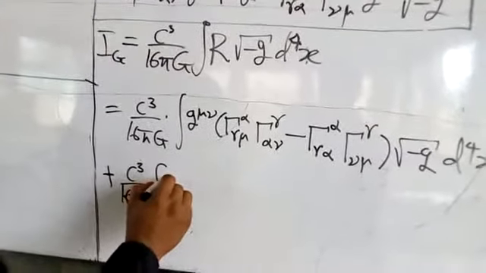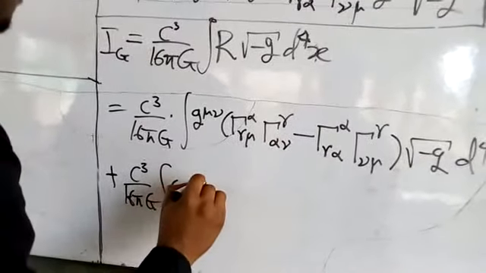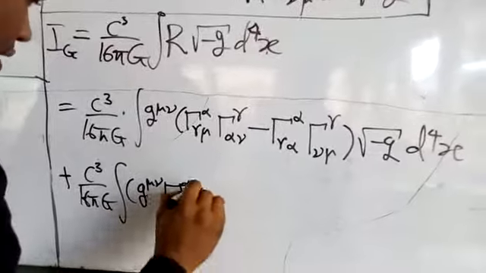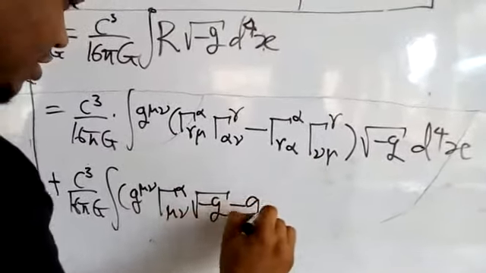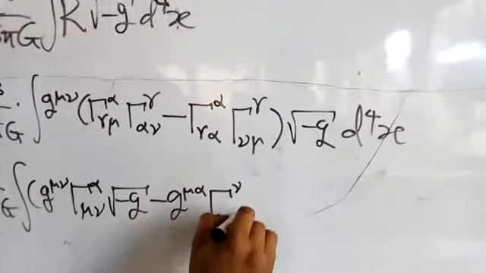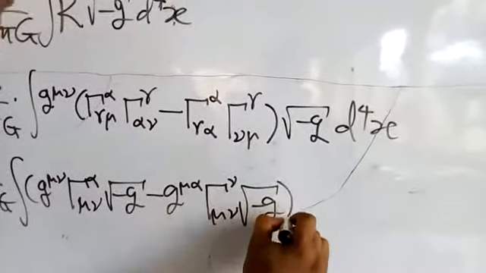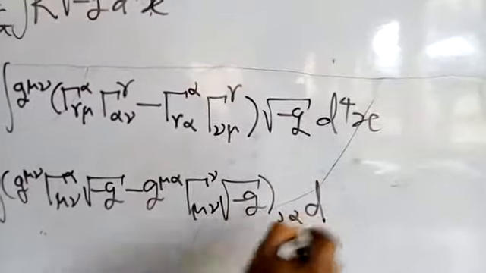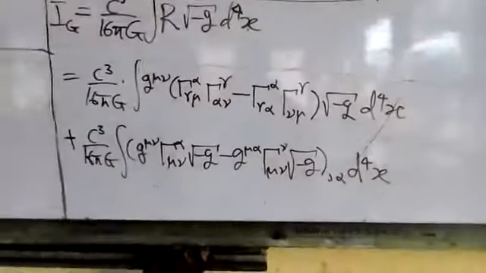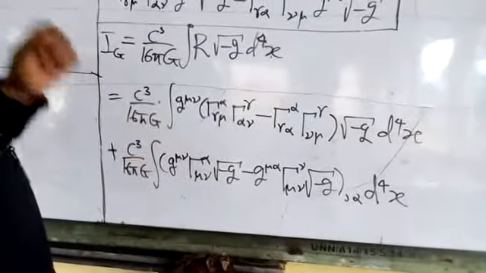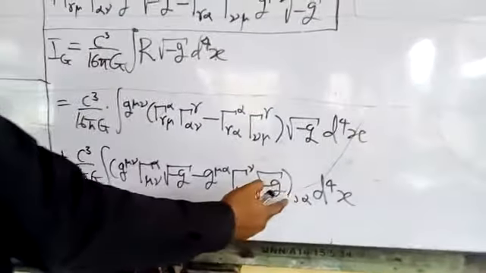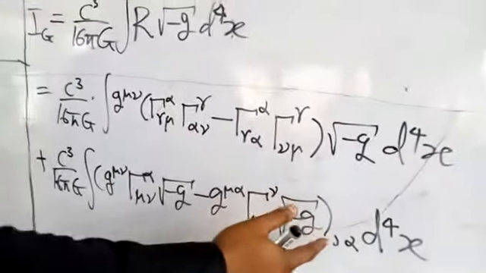So I have here g mu nu, alpha mu nu, square root here of minus g, mu alpha gamma nu mu nu, square root here of minus g, and this is comma alpha, and I've got that. Okay, so the second integral or second term in this, you can see I have a partial with respect to x alpha.